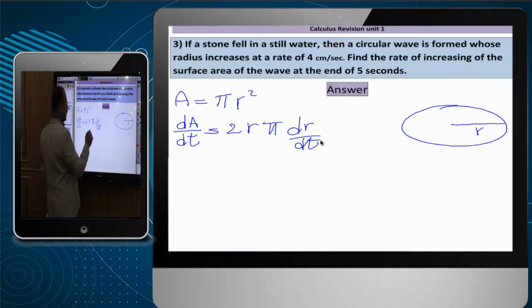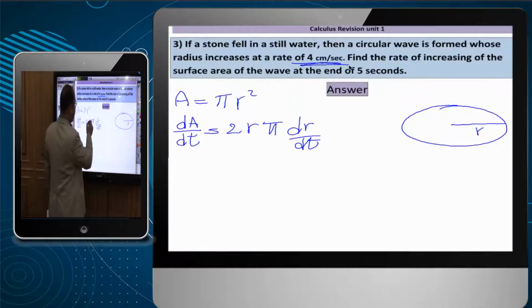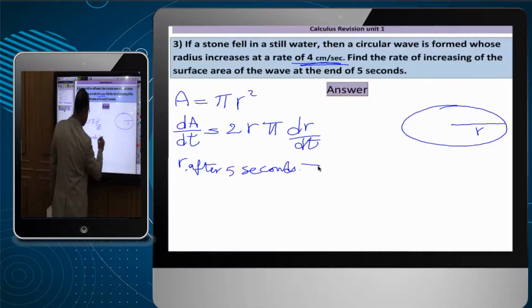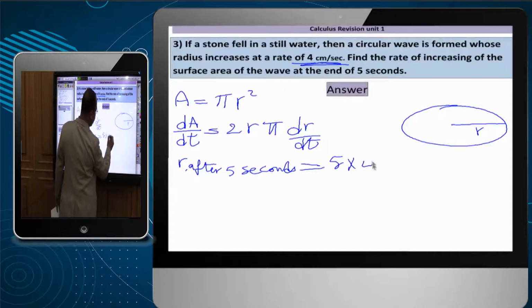Now we want to find the r after 5 seconds, and the dr by dt is given here. R after 5 seconds equals 5 times the rate, 4, equals 20 centimeters.